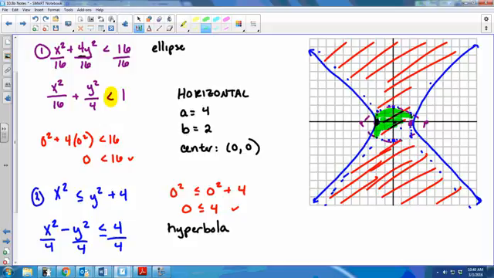It's not a square. Questions at the moment?